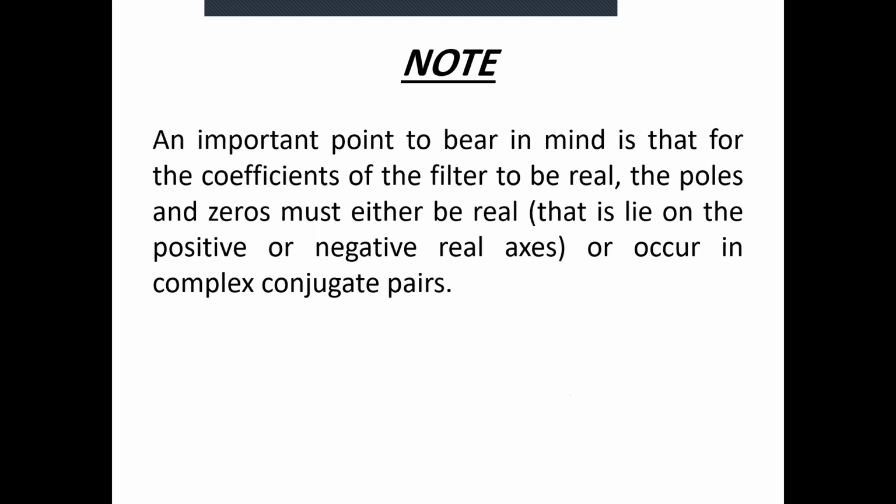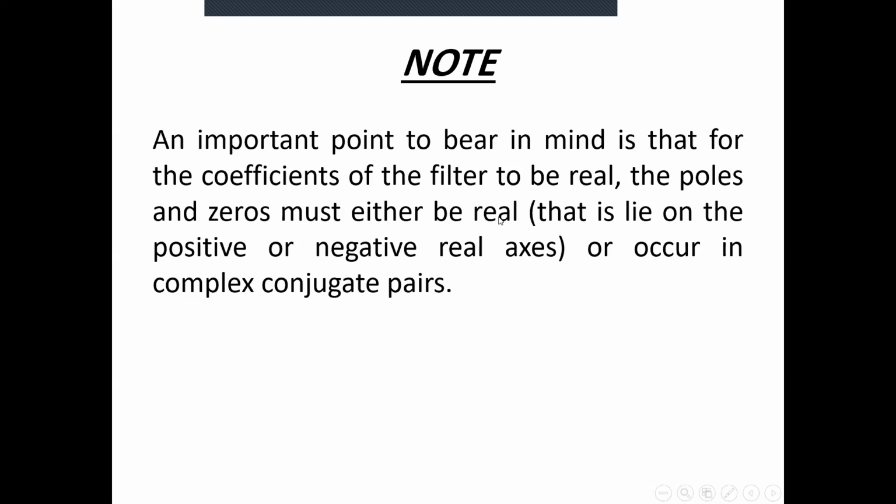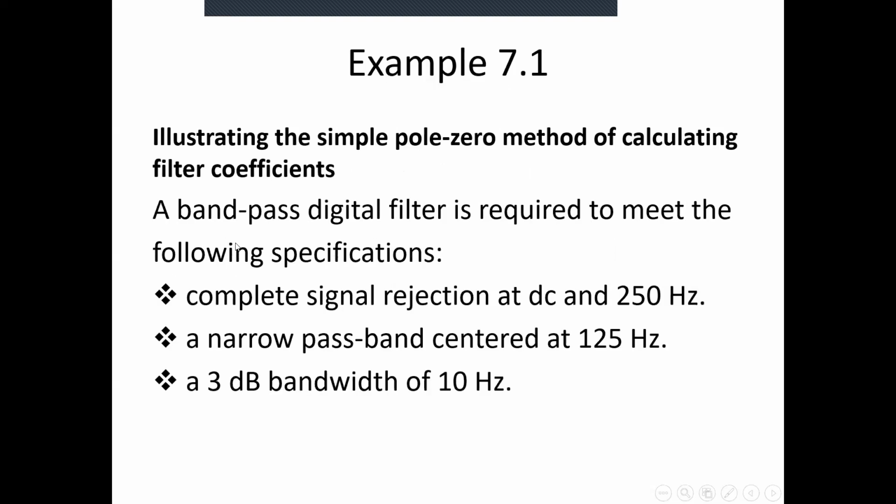To ensure that these coefficients are real, the poles and zeros must either be real, what do you mean by real? They lie on the positive or negative real axis, or occur in complex conjugate pairs. This is a very important point.